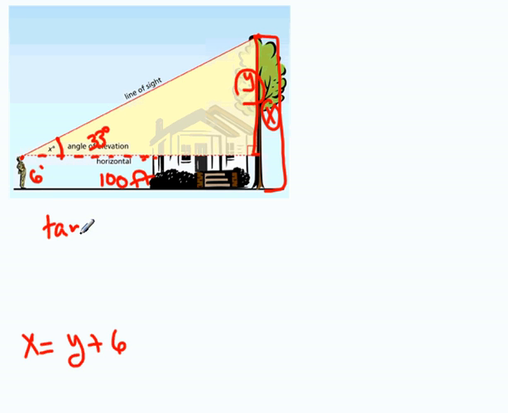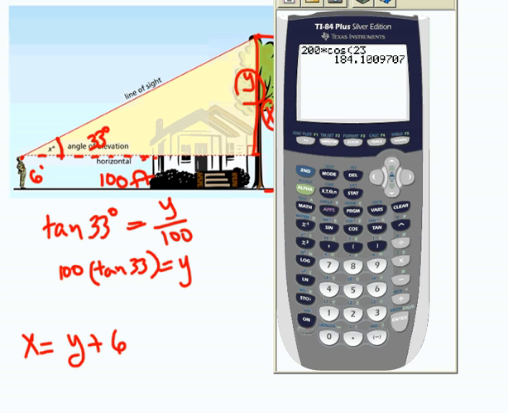So therefore it is the tangent. Tangent of 33 degrees equals opposite over adjacent. And once again, since the value is in the denominator, we are going to multiply. So we have 100 tan 33, and that is equal to y.